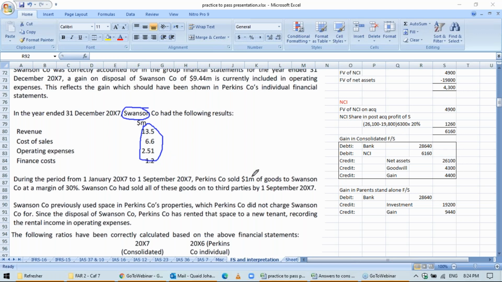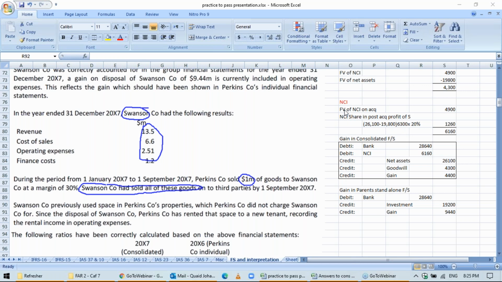And plus, there was an intercompany sale as well. And there is no unrealized profit, because all of the products sold to Swanson have been sold by Swanson to an external party, right? As they say, Swanson has sold all of these goods onto a third party. So there are no unrealized profits with the parent company. All the goods have been sold.